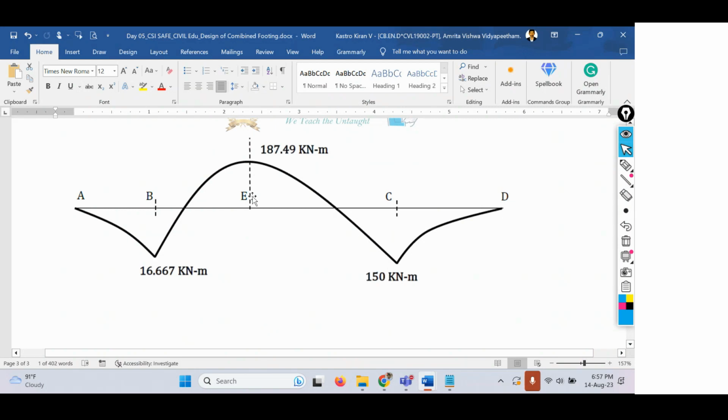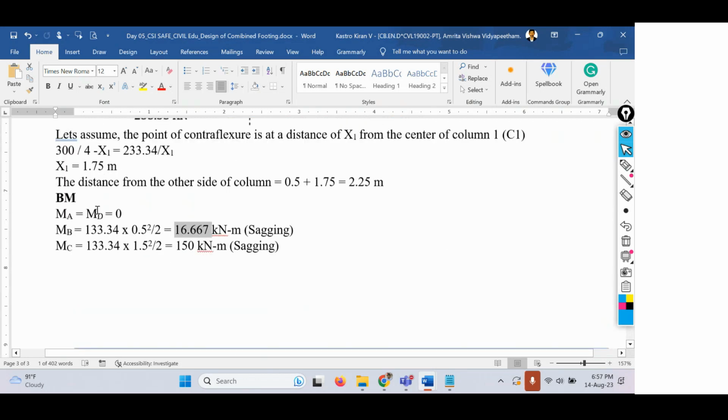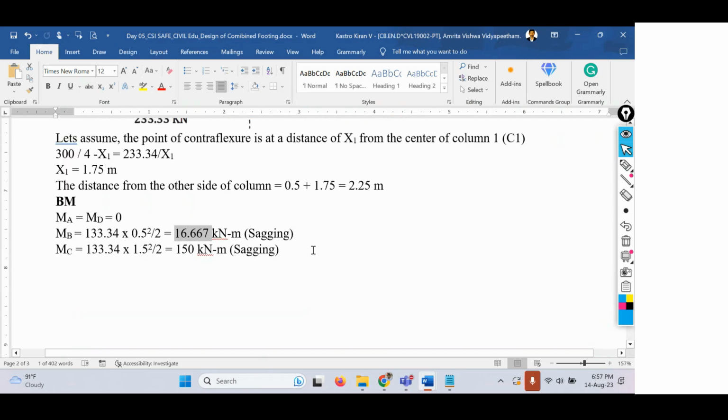Now we have to find the maximum bending moment at the point of contraflexion. So at point E we have to find it out. We have found A, B, C, and D, so let us find the bending moment at the point of contraflexion. I'll just mark it as POC, or you can also give it the notation E, any name.